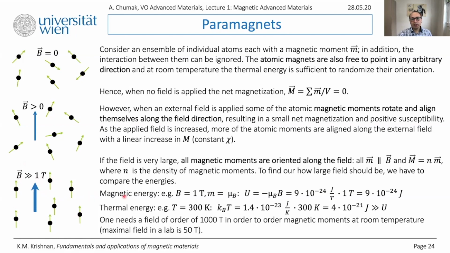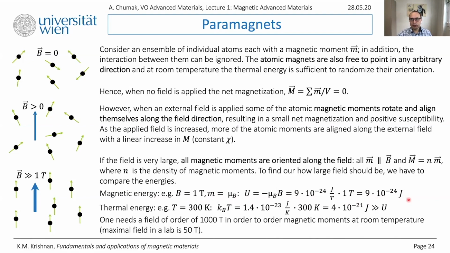For this, we need to compare two energies. First of all, the magnetic energy, and let's see what the magnetic energy will be for this rather large 1 Tesla field. For the magnetic moment, we simply take a Bohr magneton for simplicity. Then the energy, with the simplest calculation, will be 9 × 10⁻²⁴ joule.